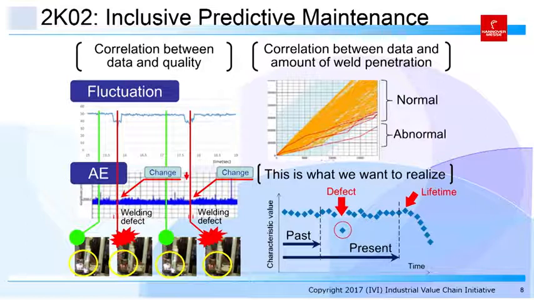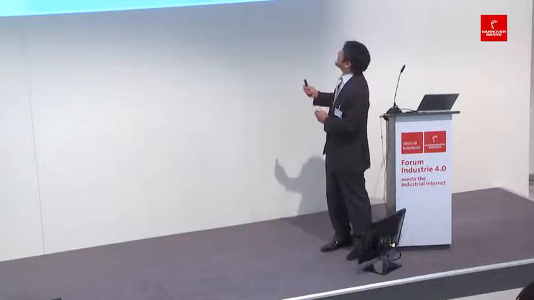So good situation and bad situation can be seen from the data. They decided to change the situation, moving to a more efficient, higher quality approach. For example, this is a graph of the correlation between data and welding penetration. This is the bad case and the good case.